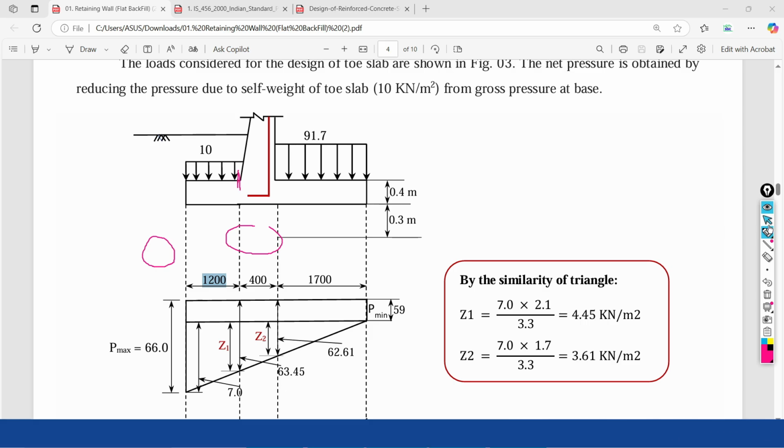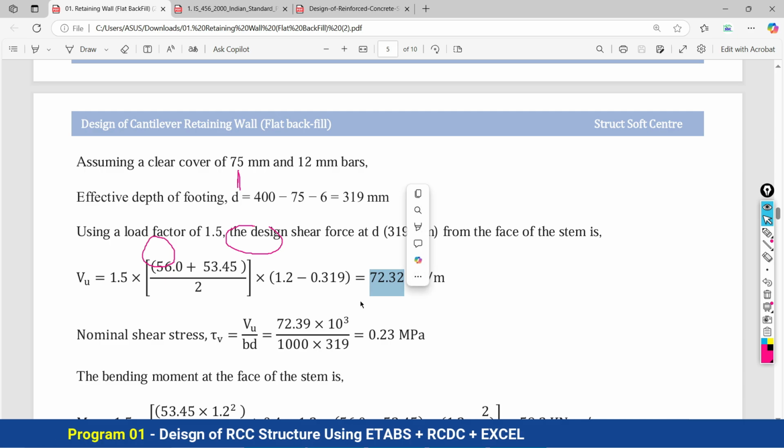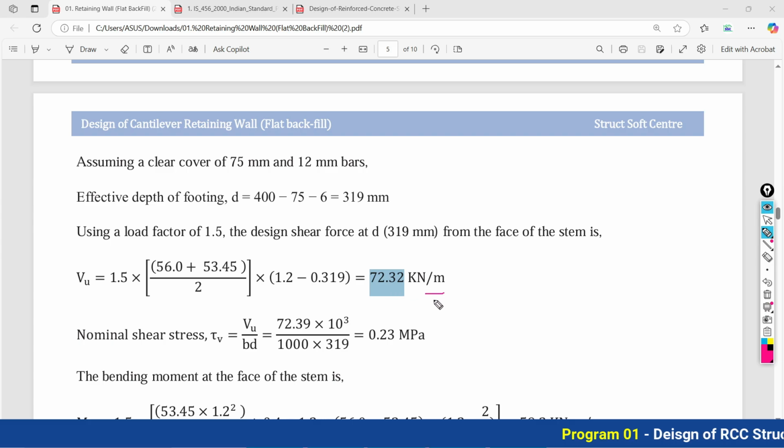So d is 319, so you have to put the value 0.319. After doing this calculation, we are getting the shear force value as 72.32 kilonewton per running meter.